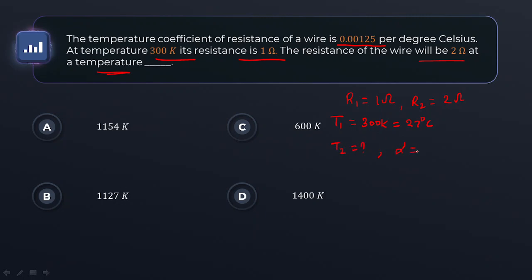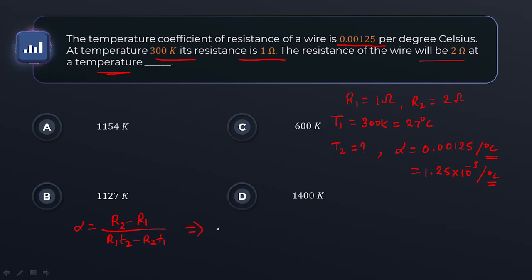Alpha is given, that is 0.00125 per degree Celsius. So it will be 1.25 into 10 to the power minus 3 per degree Celsius. Now we have the formula of alpha: alpha equals R2 minus R1 divided by R1 T2 minus R2 T1.